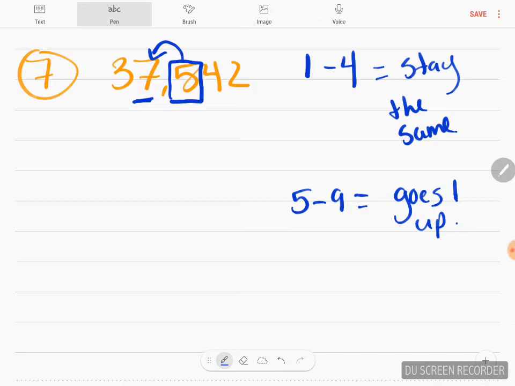All right. So we look at the 5. The 5 tells us that we need to round this 7 up 1. So the 3 stays the same. That 7 now becomes an 8. Everything behind it is zeros.